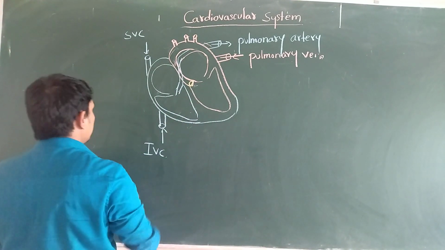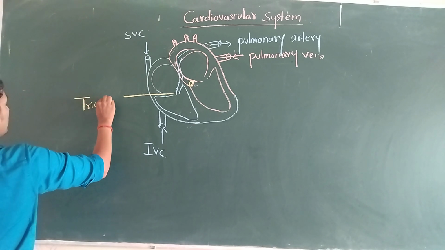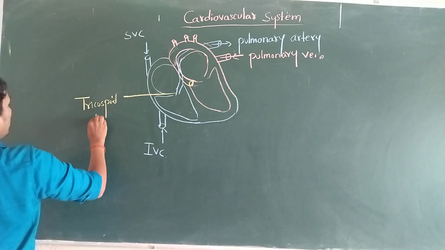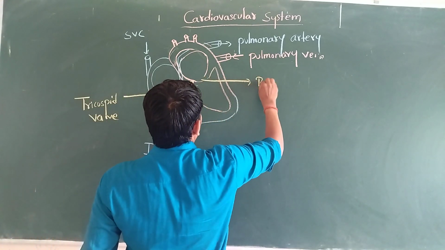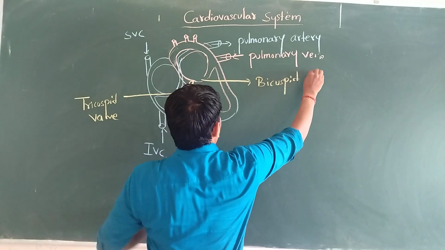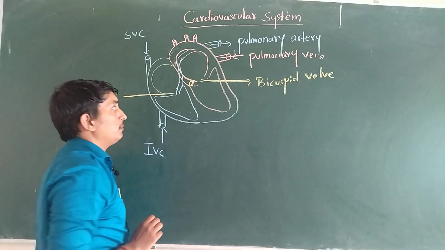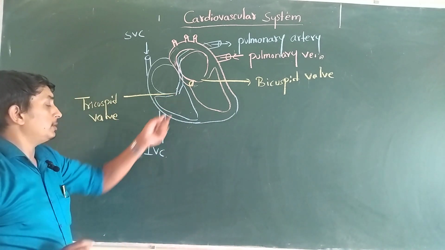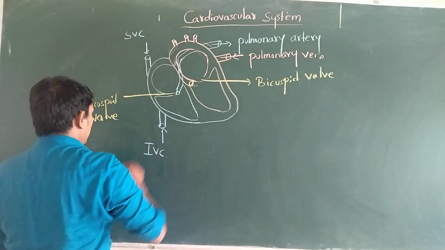Here this is called the tricuspid valve, and this is called the bicuspid valve. So tricuspid valve and bicuspid valve. These are the semilunar valves, which are mainly found in our pulmonary artery.